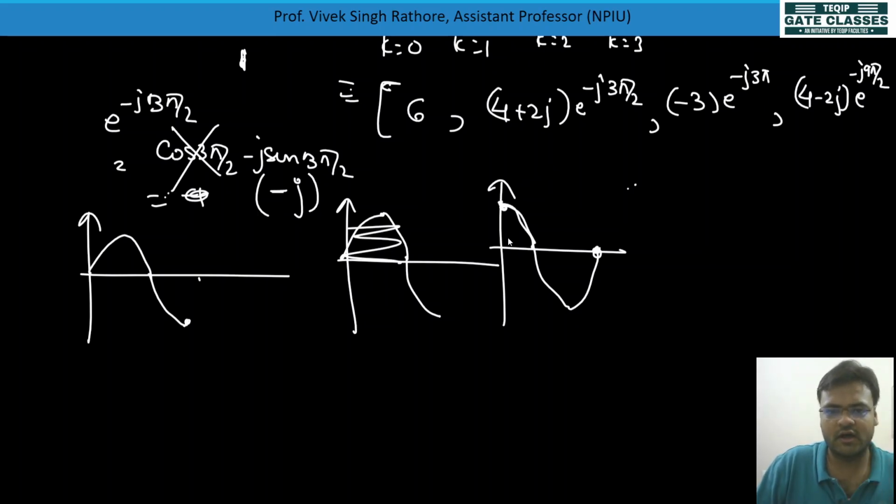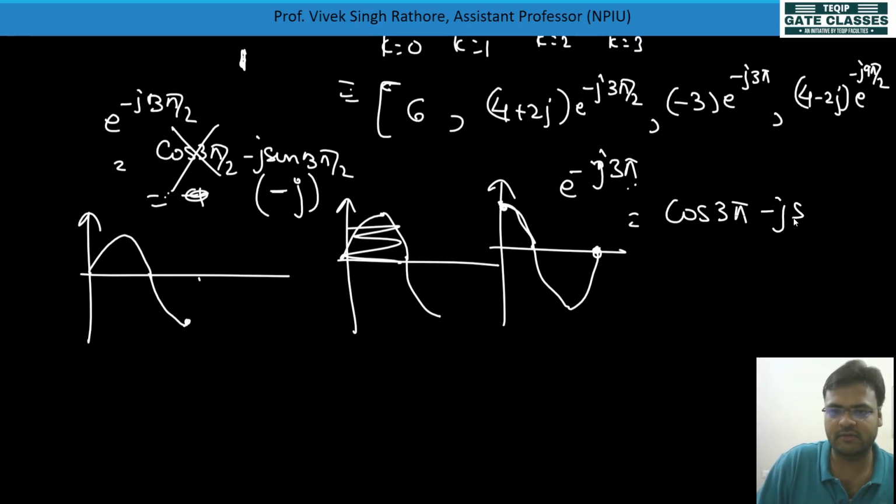So can you do it? We'll solve all values and then we'll keep the answer. e to the power minus j 3 pi is cos 3 pi minus j sin 3 pi. The cos 3 pi will be minus 1 and the sine will be 0.